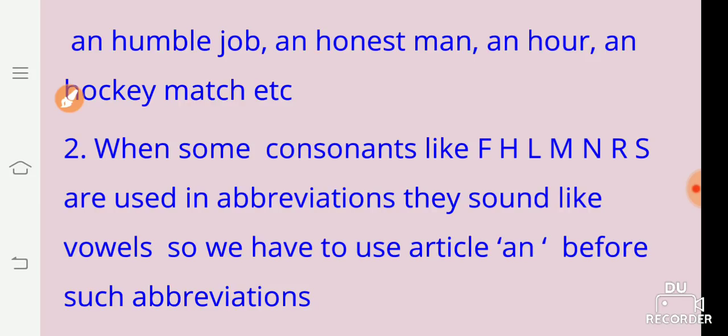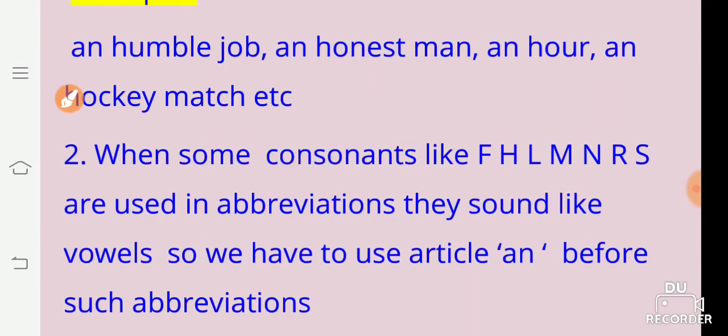F, H, L, M, N, R, S. Therefore, when these letters like F, H, L, M, N, R, S are used in any abbreviations, they sound like vowels. The only reason is that when they are pronounced independently, they give a vowel sound.